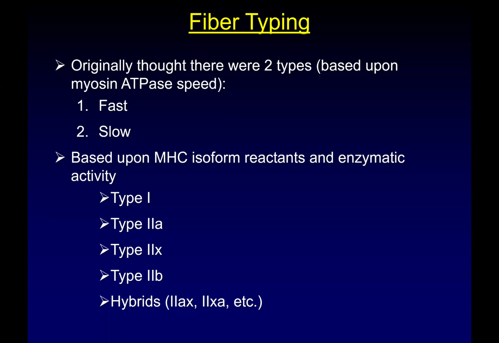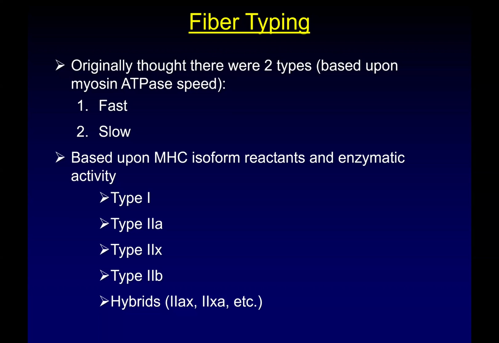That was first observed in animals: cats, dogs, rats, mice. The history of animal research is broad, but that's where it came from. What we know now, though, is it's a little bit more complicated. As we got better biochemistry techniques, we could figure out that within fast twitch fibers, there are actually some different flavors.